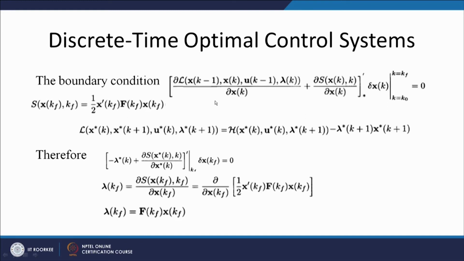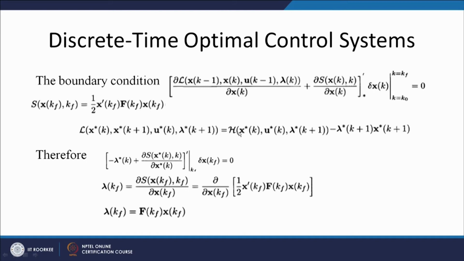Our boundary condition is del L at x k minus 1, x k, u k minus 1, lambda k differentiated with respect to x k, and del S by del x k at the point k0 to kf, this must be equal to 0. K0 is known to us, so delta x of k0 will be 0, so that term vanishes and we are left only with the k equal to kf term.